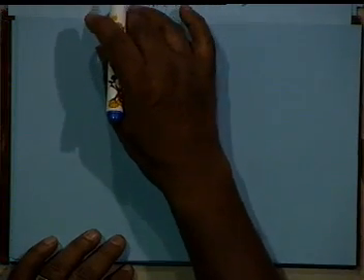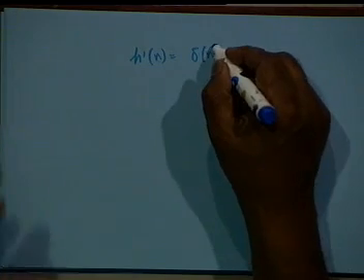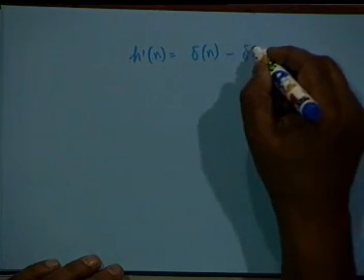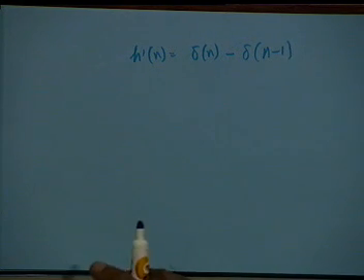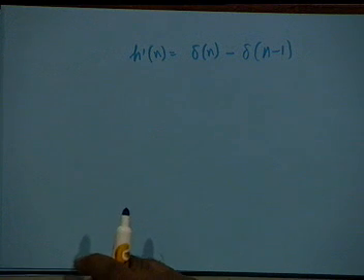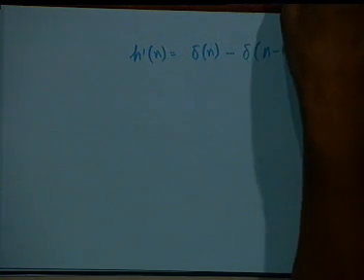Therefore, my final result is that h prime of n is equal to delta n minus delta n minus 1. That is it. We have found in a very simple manner the inverse of an accumulator whose impulse response is a unit step. The inverse may or may not exist.